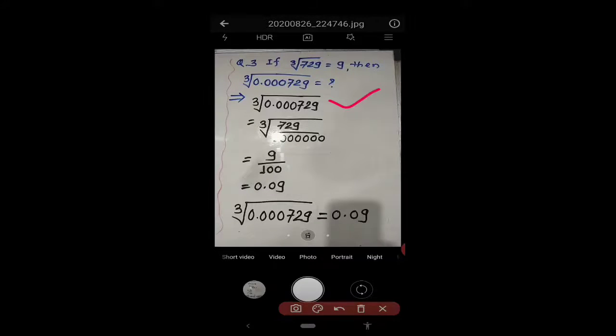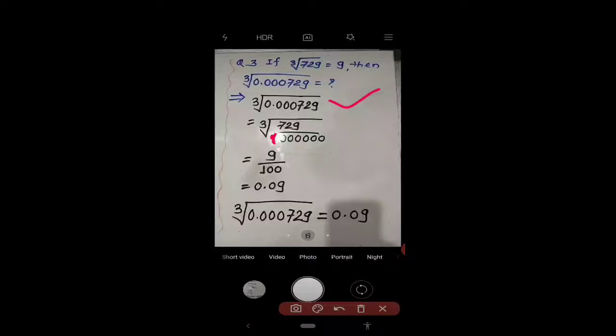So this is written as 729 divided by 10 lakh. Why? How many digits are there after the decimal? 6 digits. So we take 6 zeros. Means the cube root of 729 upon 10 lakh.